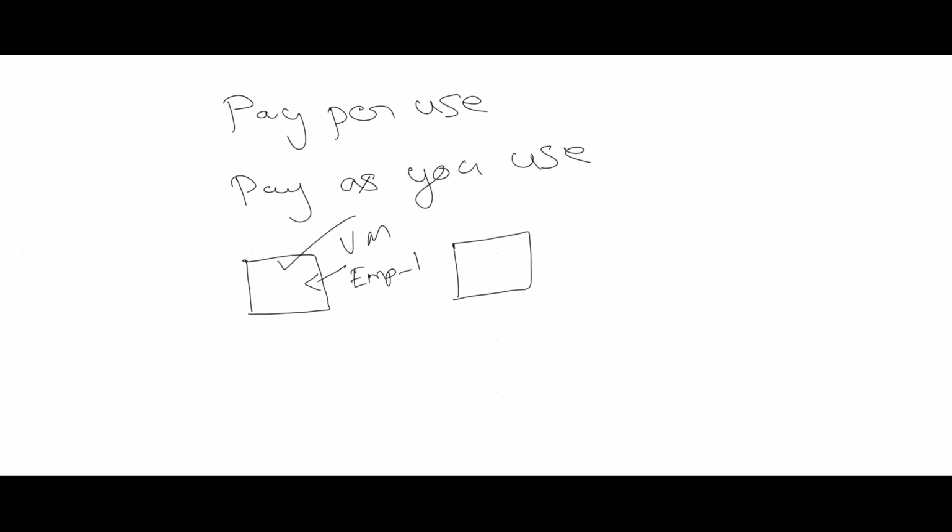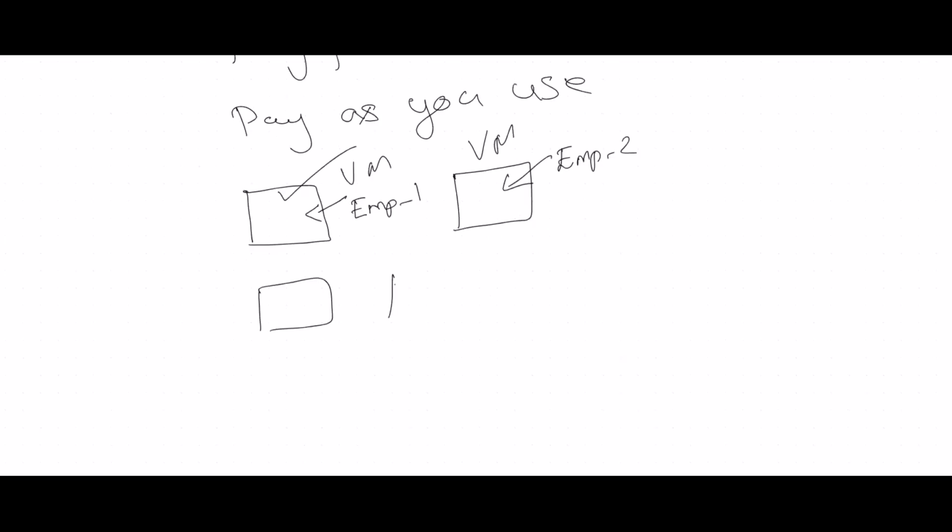Employee 2 can start using it. And similarly, depending on how many employees join, it is very easy to bring it up and assign it to the employee. Okay. Yes, sir. So they are able to quickly scale.